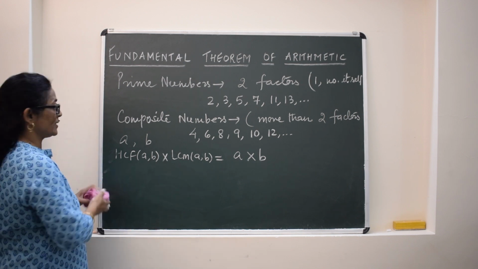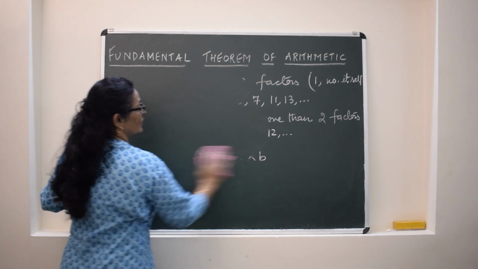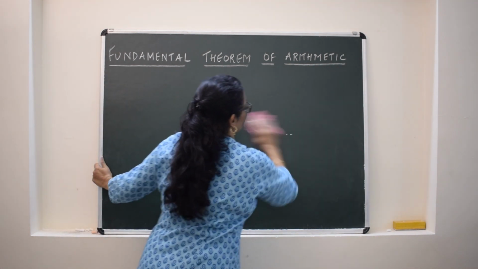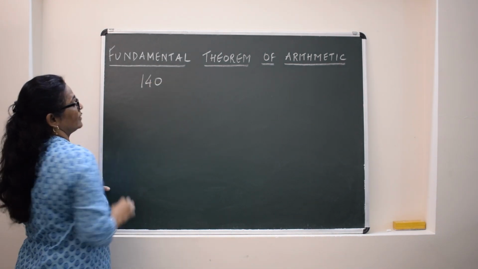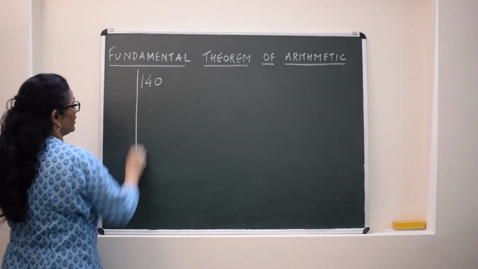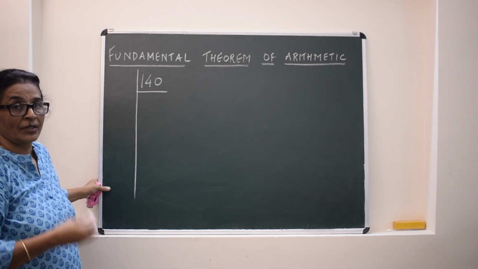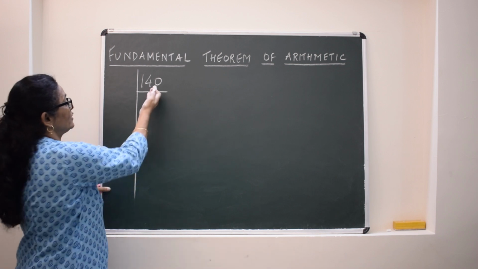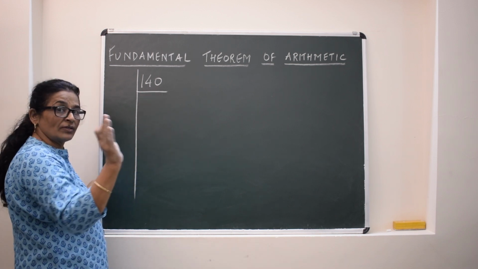So let's take one example to find the prime factors of a number. The first example is 140. The simple rule to find the prime factors is to apply the divisibility test. If you are checking with 2, check the units place. For 3, the sum of the digits, like that.